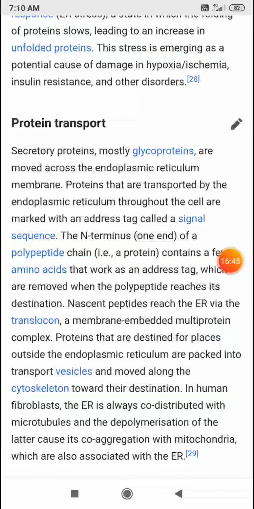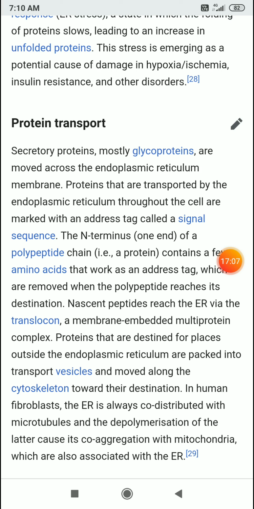Protein transport. Secretory proteins, mostly glycoproteins, are moved across the endoplasmic reticulum membrane. Proteins that are transported by the endoplasmic reticulum throughout the cell are marked with an address tag called a signal sequence.